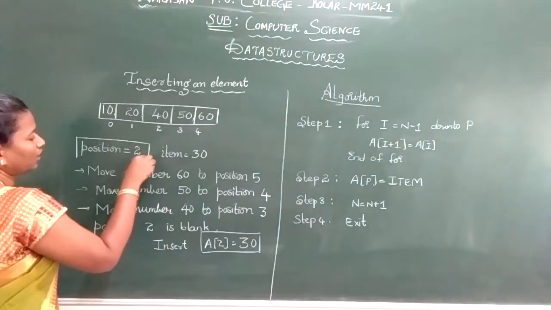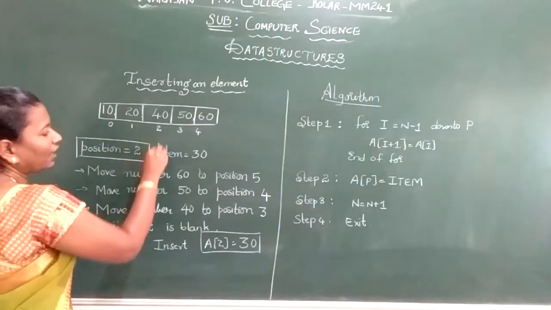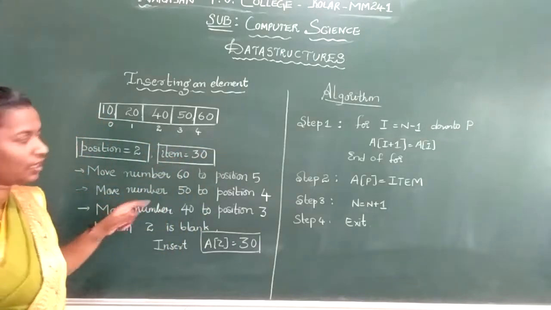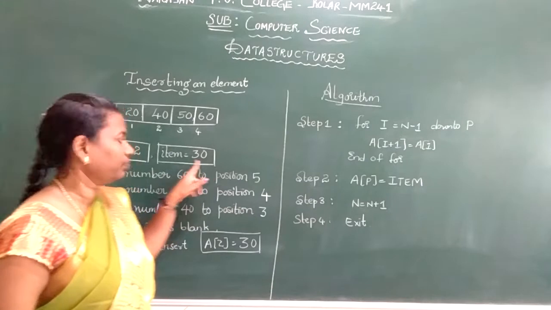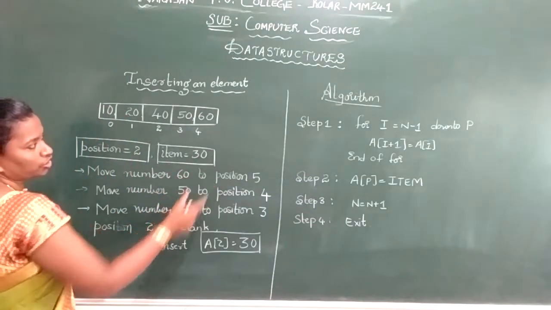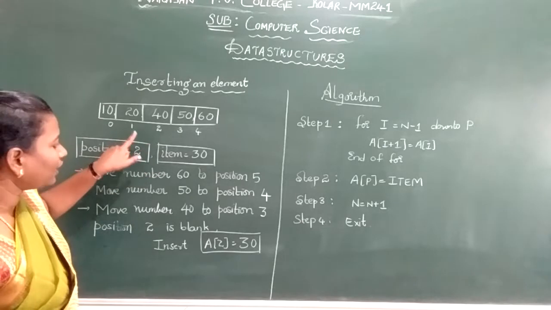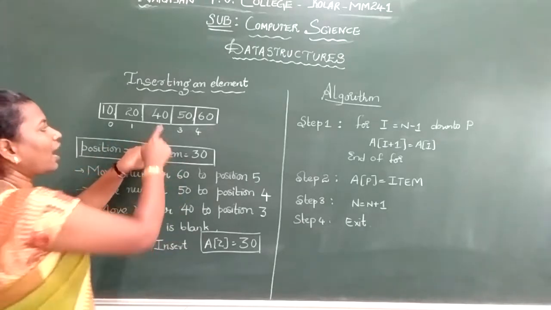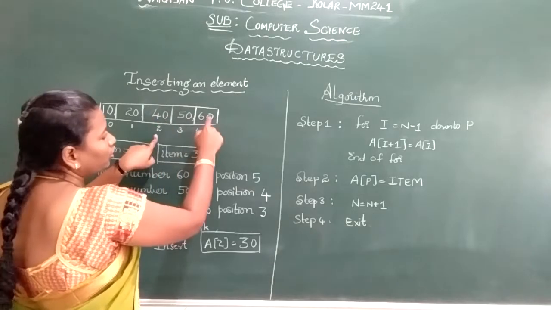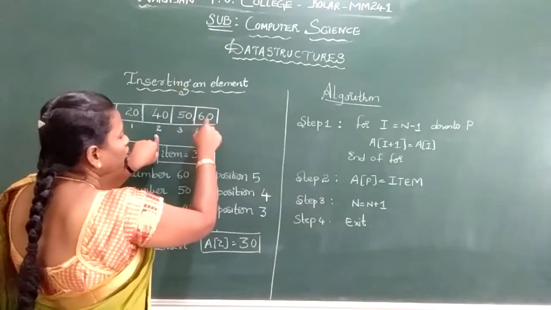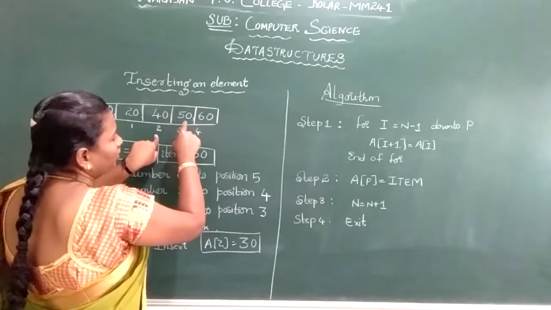I will give the position as 2. And the element to be added, I call it the item. Now my item is 30. So what will I do? If I want to add my item 30 at position 2, I already have element 40 there. So I should move 60 to position 5, 50 to position 4, 40 to position 3.